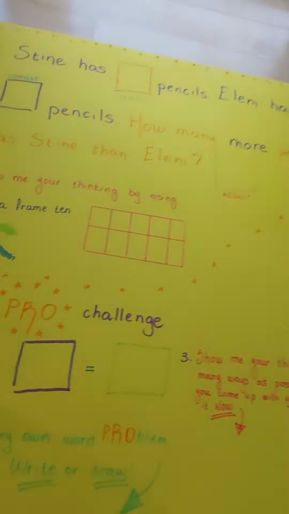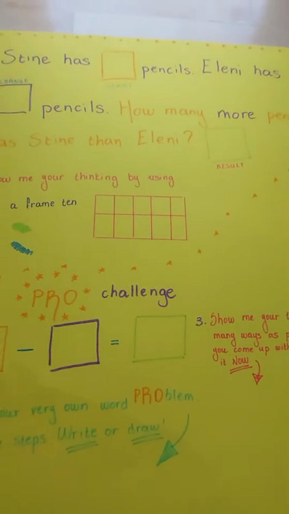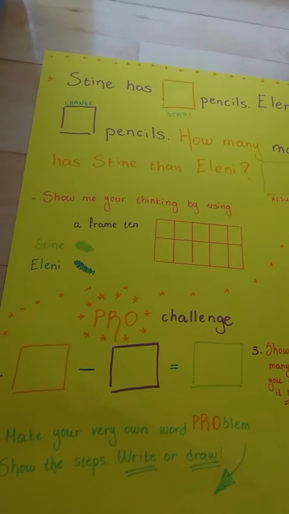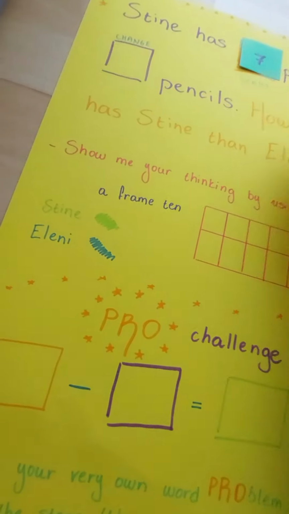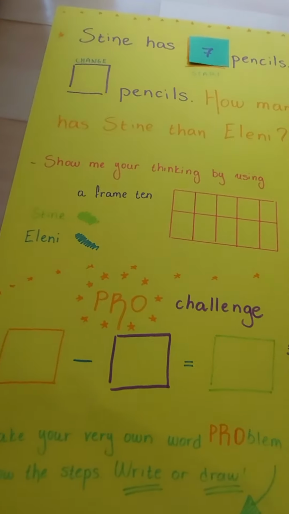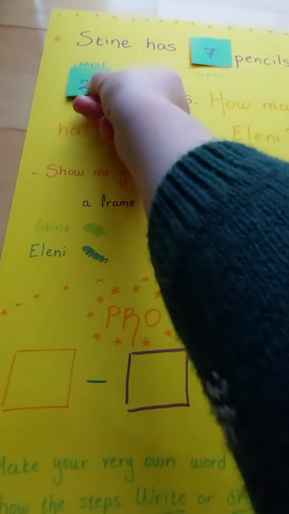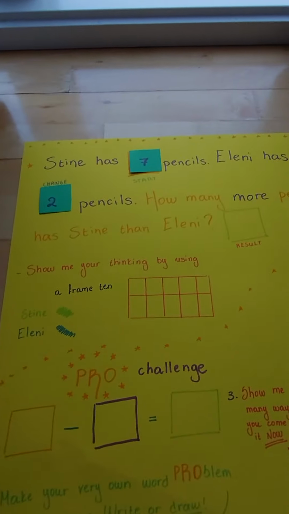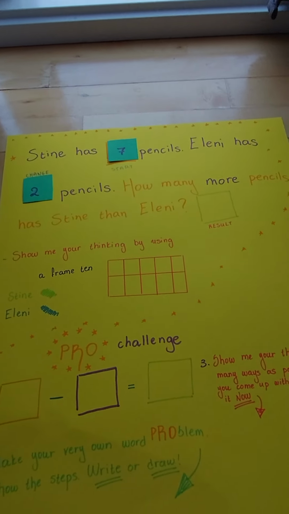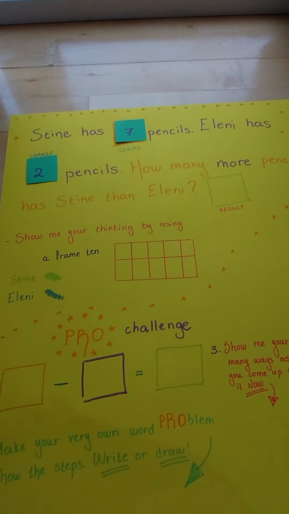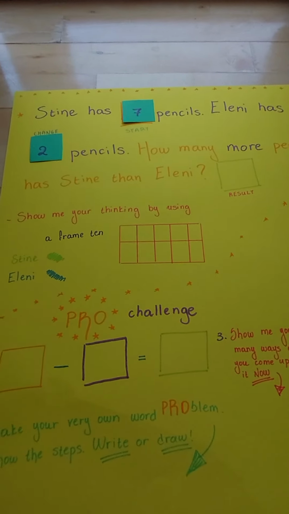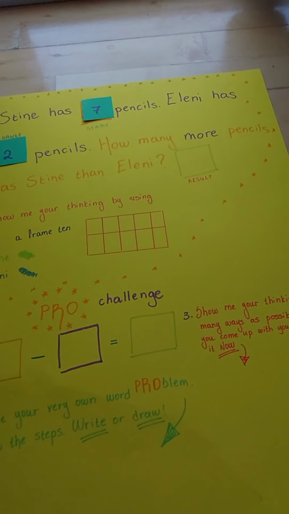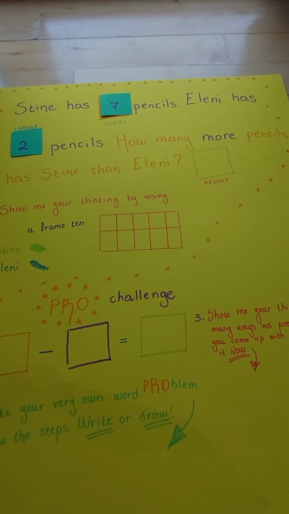And here we have a bit different structure. We see that Stina had 7 apples. We know that the start is the biggest. Eleni has 2 pencils, so we know that the change is smaller. The formulation of the problem is how many more pencils has Stina than Eleni.